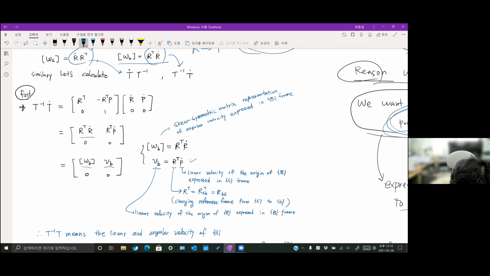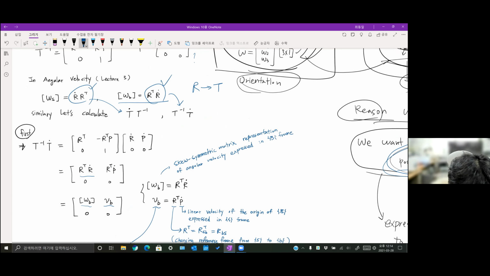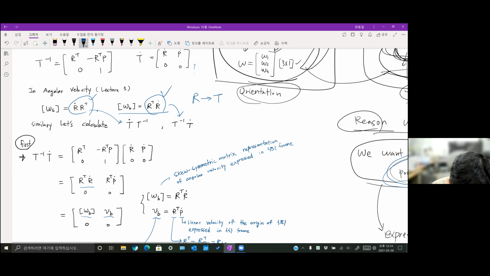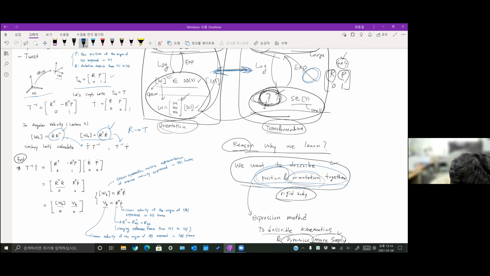Let's see here. P dot is the linear velocity of the origin of B. So in this figure, this one is the P vector. And because the B frame is moving, there is the linear velocity of the origin of B frame.